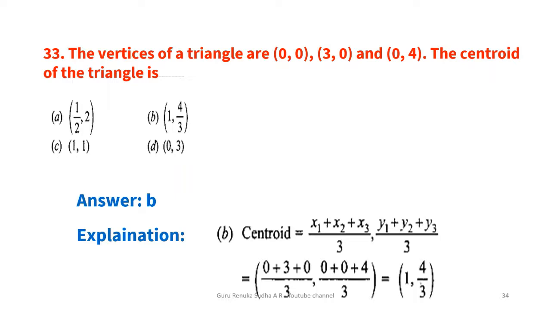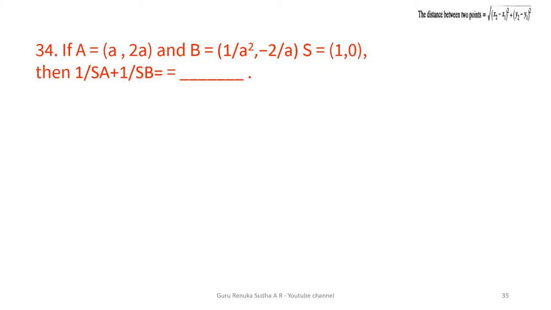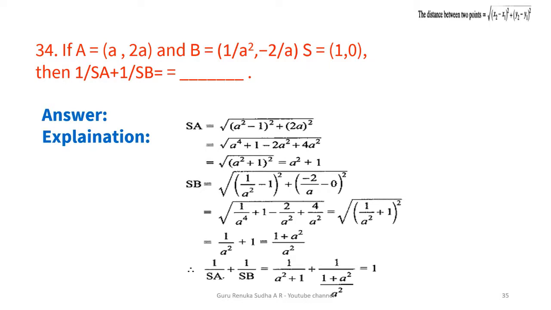In the 34th question, they are asking 1 by SA plus 1 by SB, what is the value, if A and B have some coordinates and S is 1? Again here also I have used the distance formula. SA I have found first, next SB.